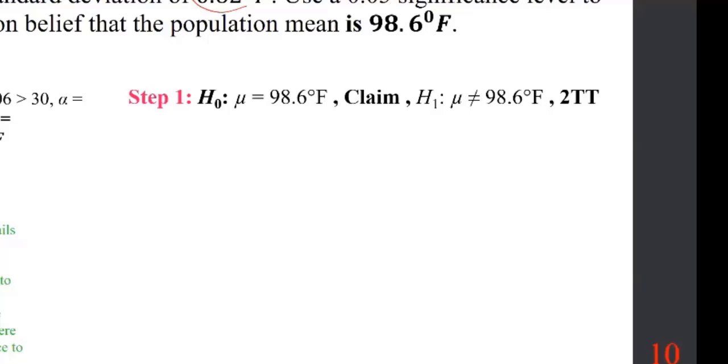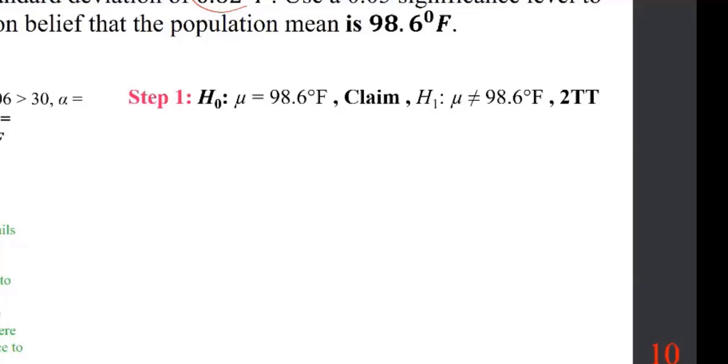So remember, we want to see whether it is 98.6 or not, and we believe that in essence that's our claim. So pay attention to why the claim goes with H0 and why it's a two-tailed test.